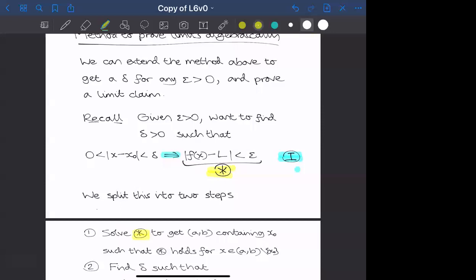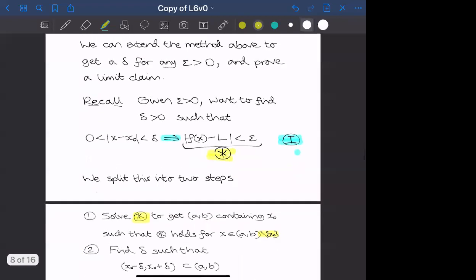And for the general method, think about the domain again. We don't have to know this is true on the whole interval. We can just do it on the interval less than x0. But again, there'll be different cases.